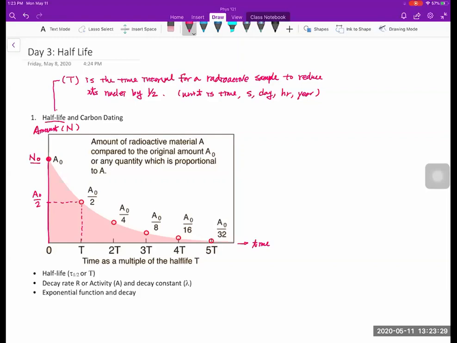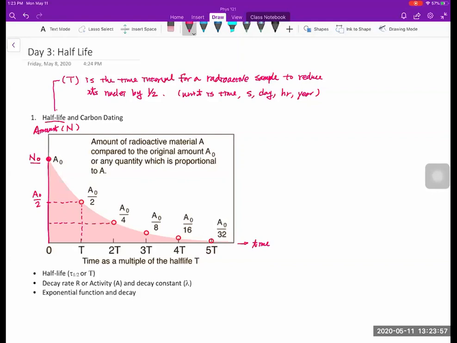For the next half-life, let's say T is 10 days. Then at 20 days, you reduce by another half, meaning you multiply N0 divided by 2 by another divided by 2. This is the second period.